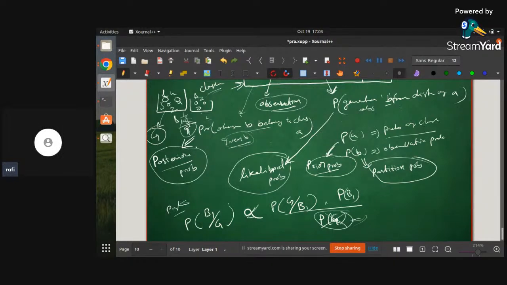So this is called posterior, this is called likelihood, and this is called the prior. So posterior is proportional to the product of likelihood and prior. Okay, so that is the Bayes theorem.